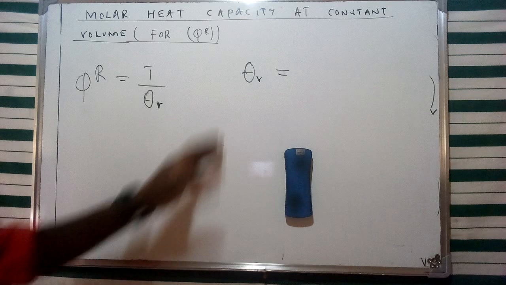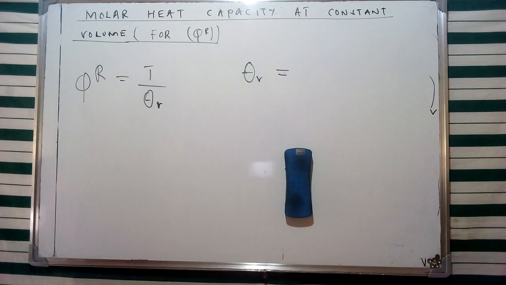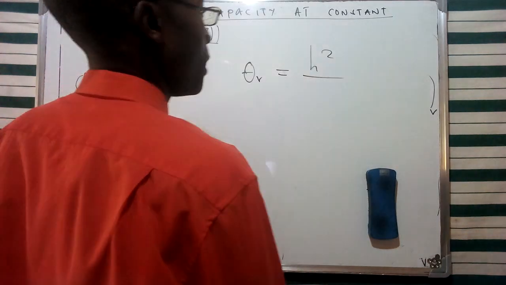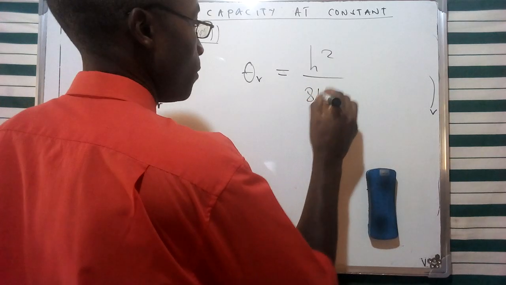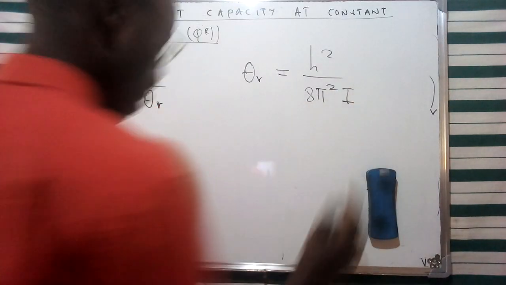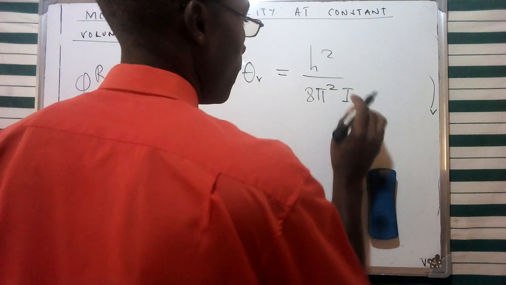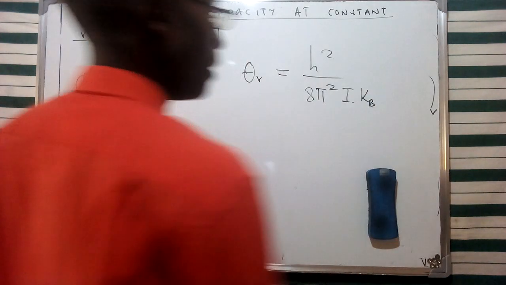Now, I'm not going to go into the details of the specific conditions which give a classical behavior and a quantized behavior, but I'd like to encourage us to check our description box for that link so that we can have a look at that discussion. This rotational temperature is given in terms of the square of Planck's constant over 8 pi squared, times the moment of inertia, and then Boltzmann's constant.